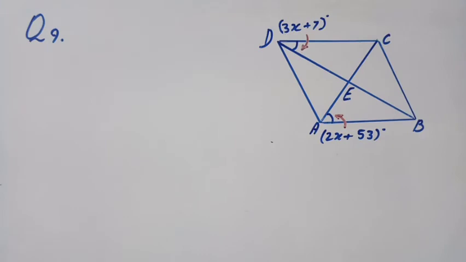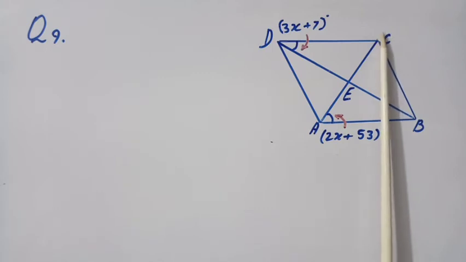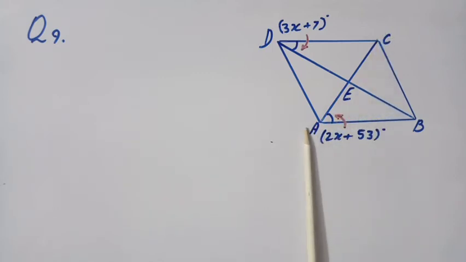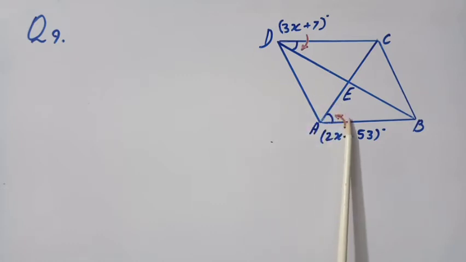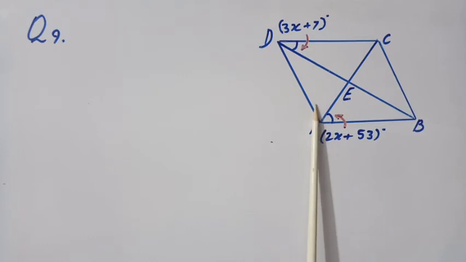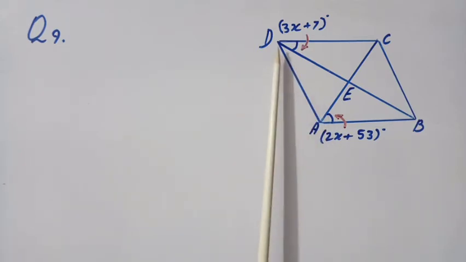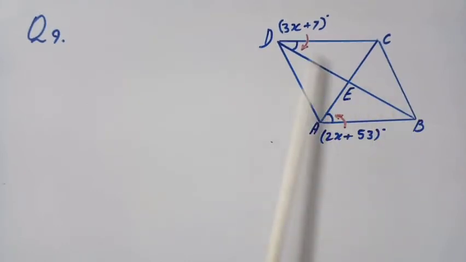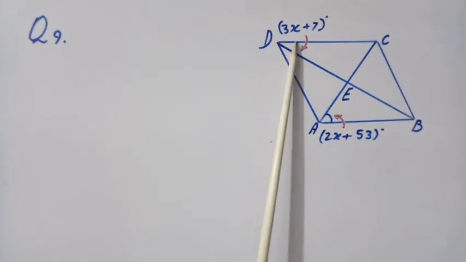In this rhombus, AC and BD are the diagonals, and these diagonals do a job here. This AC bisects the angle at the point A. The whole angle is bisected, so half the angle is this one and the rest half is this. And in the same way, the diagonal BD bisects the angle at the point D.